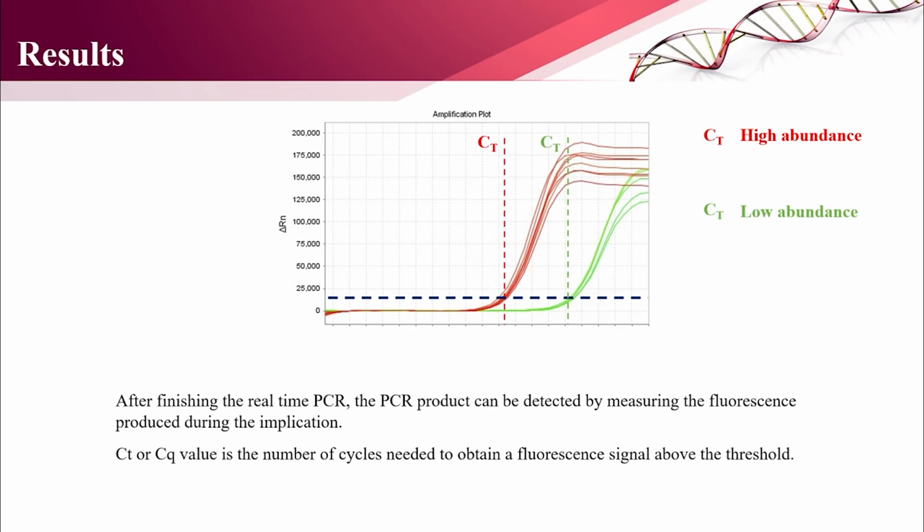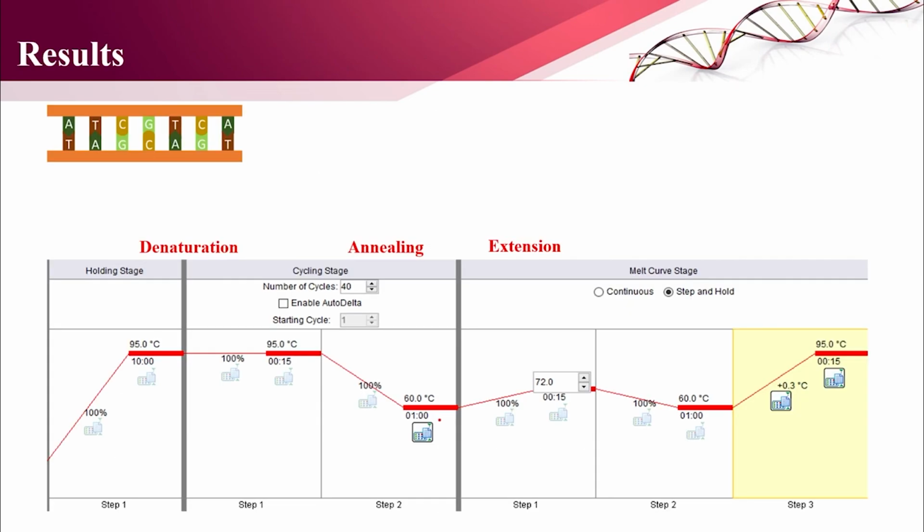In contrast, the green arrow with a higher CT value takes more cycles to cross the threshold, suggesting it started with less DNA. So the red curve has high abundance, while the green curve has low abundance. The higher the Cq or CT value, the lower the DNA quantity.